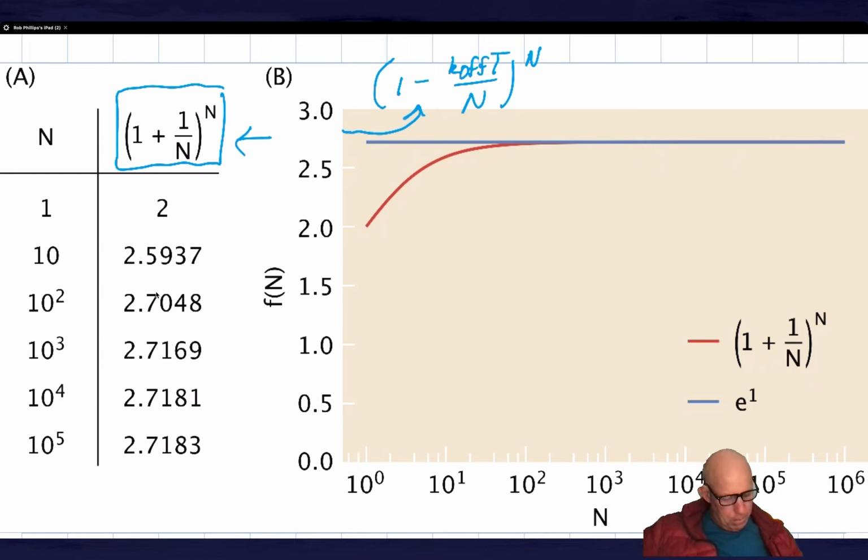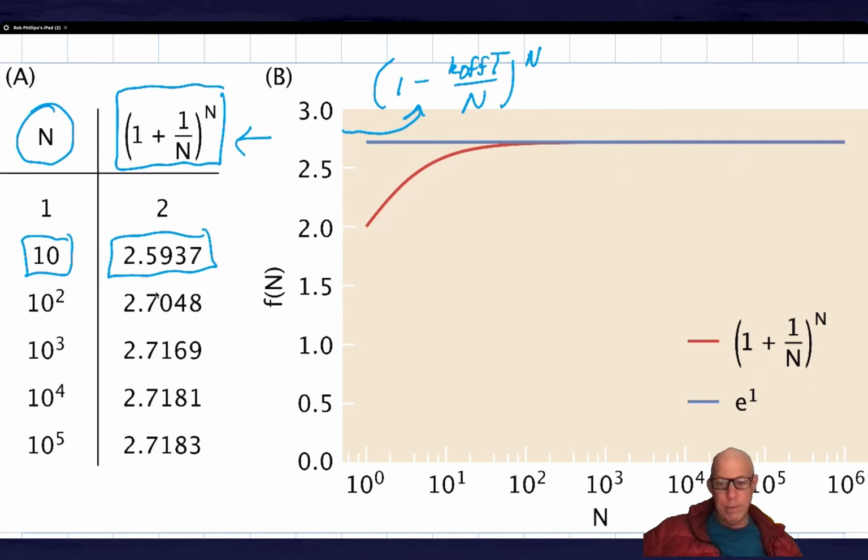So here's the scheme. We're interested in a large n. In other words, we want to see the probability of surviving a long time compared to our little itty-bitty time step. And all I'm asking you to do is choose different values of capital N, and then on the right-hand side we're going to calculate 1 plus 1 over n, all raised to the n power. So if I choose n equals 10, I find that that's equal to 2.5937.